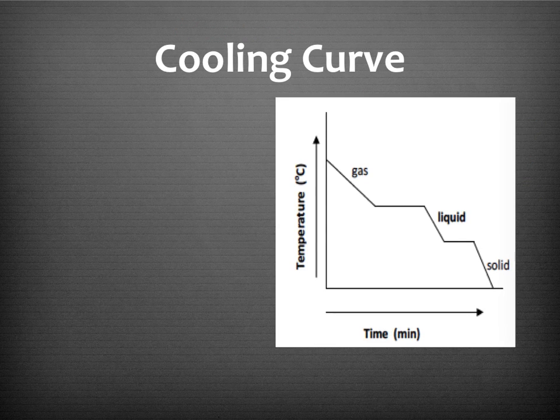Now here we have a cooling curve. It acts in the opposite direction. All right, so same thing applies during the flat slopes. So this time we see decreasing potential energy and still a phase change. Same thing here, decreasing potential energy, phase change.